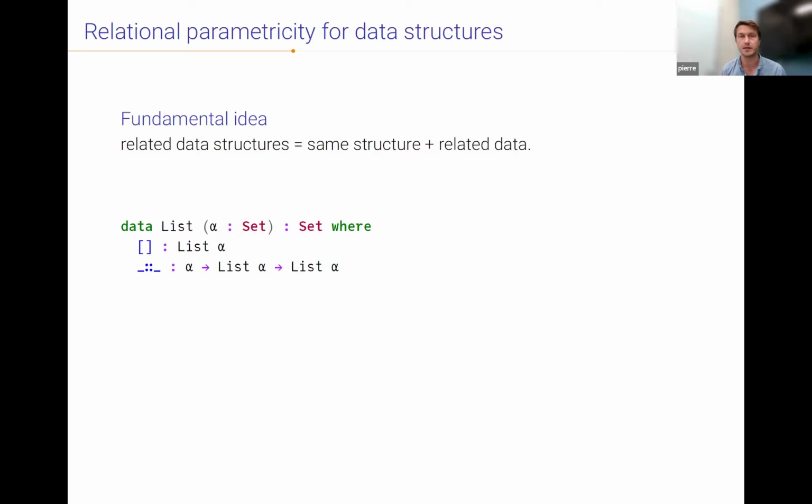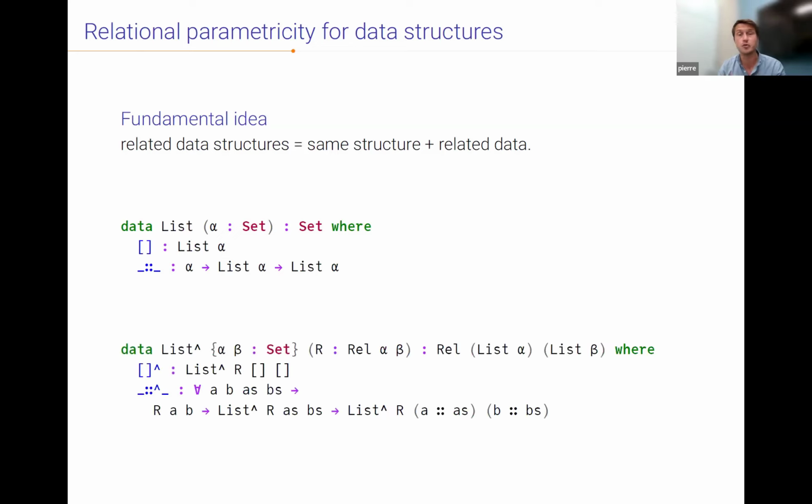If I have the data type of list as before, how do I realize this fundamental idea? Well, I do that by making the data constructors parametric by definition. And so I do that by just defining a new data type called list hat, that takes a relation as a parameter, and then gives you a new relation between the lists at the two instances alpha and beta.